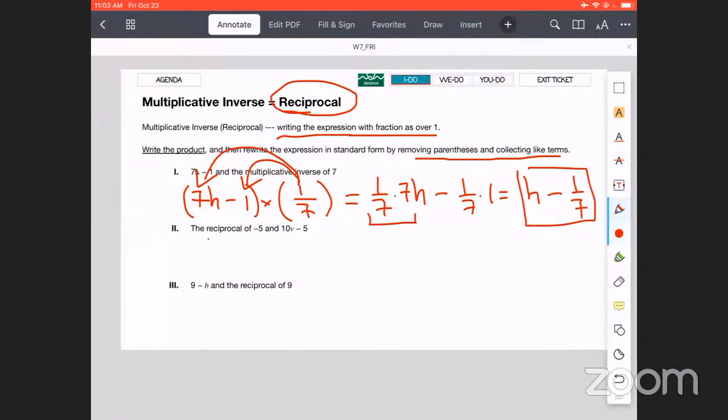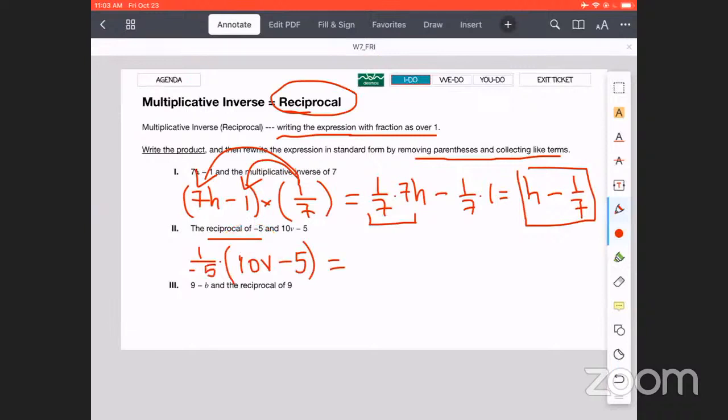It says reciprocal of -5. That means 1 over -5, right? And open up the parentheses. So you need to find a product. That means you're multiplying that with 10v minus 5, right? And now you need to multiply step by step. -1/5 times 10 and -1/5 times 5. Okay, it messed up everything.